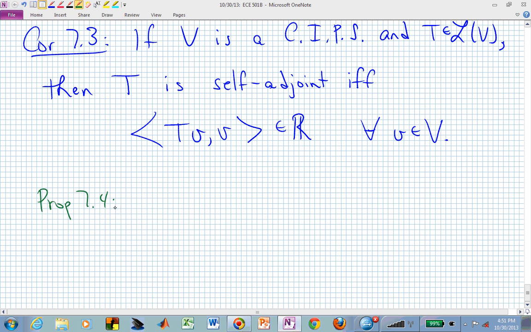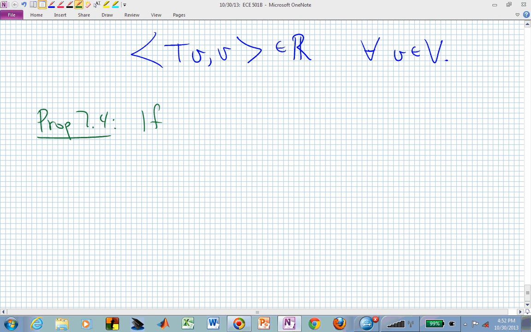I said we'd be stepping through these quickly. Proposition 7.4 in Chapter 7. And this really is going to generalize Proposition 7.2. If T is a self-adjoint operator on V, so now that's like a real number in a 1-by-1 case.